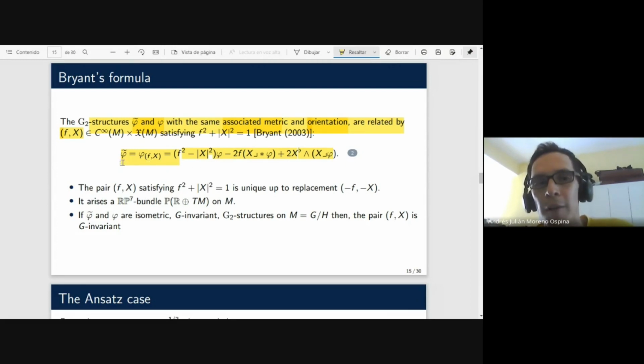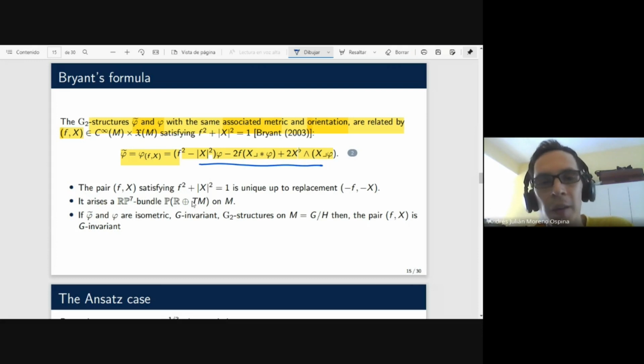So you have phi tilde in terms of phi, or the Hodge dual four-form of phi, and some operations that involve the vector field and the function. All of the right side is a three-form.